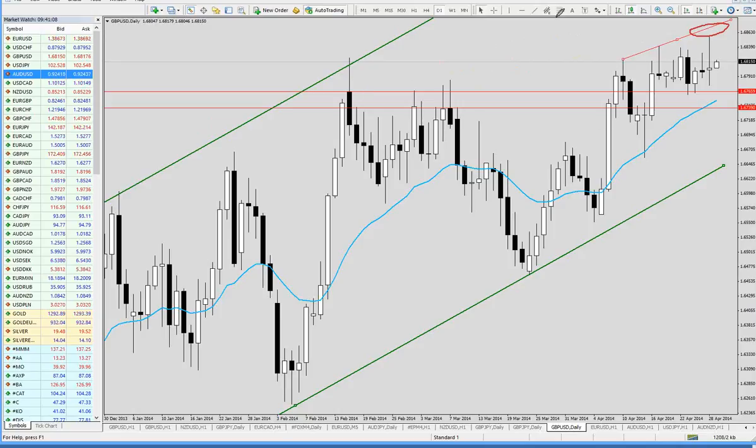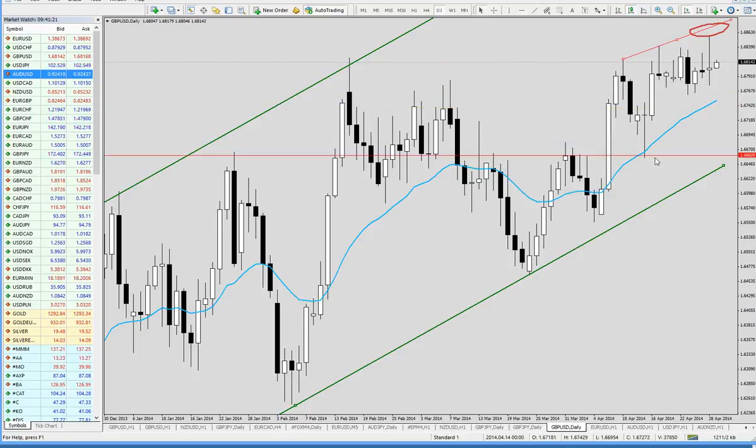We broke this, so this is no longer valid. Those two are no longer valid. And this one, I missed it once when we were trying to short it. Okay. Daily.